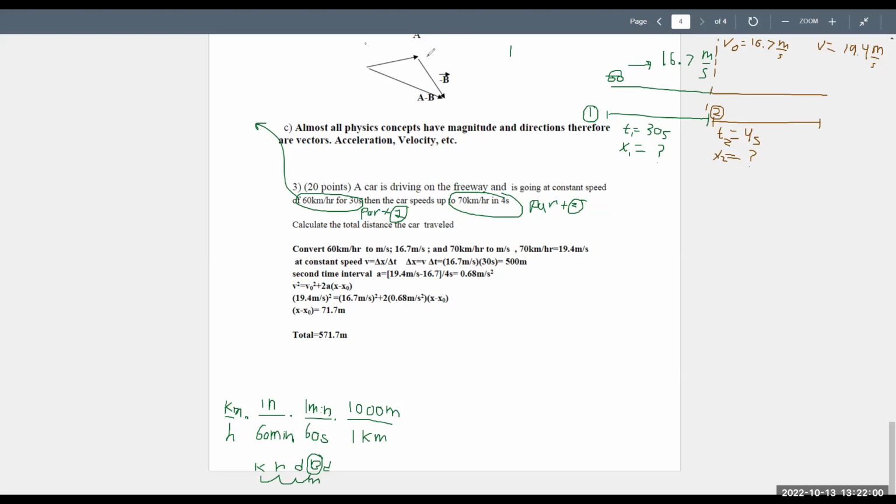So for part 1, you could do this 2 ways. You could use your X is equal to X naught plus V naught T plus 1 over 2 A T squared. And then note that these two become 0.